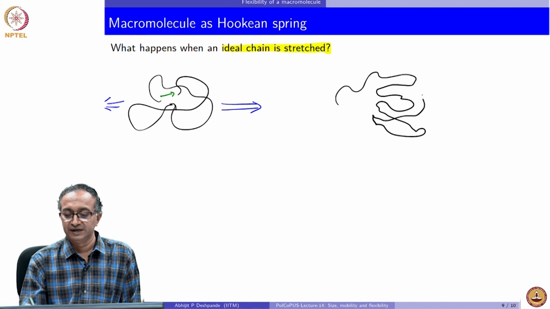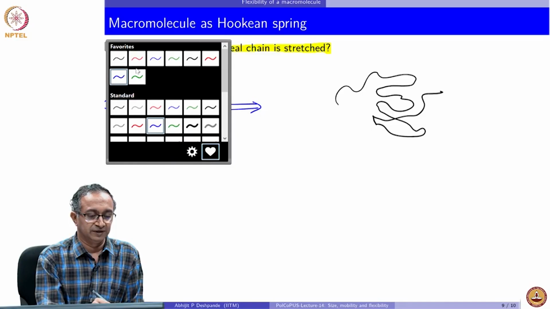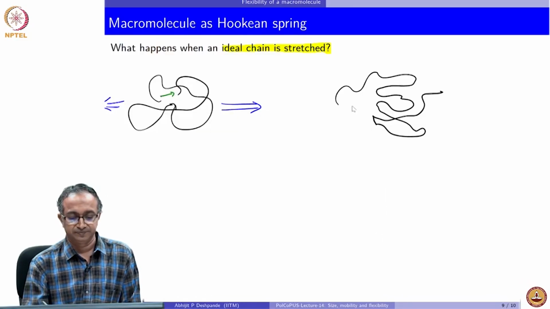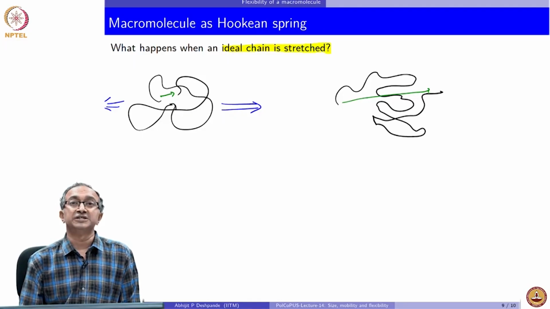the macromolecule gets stretched out, and therefore the end-to-end distance would increase. Also the conformational changes become less. To understand why, you can think of the extreme scenario.